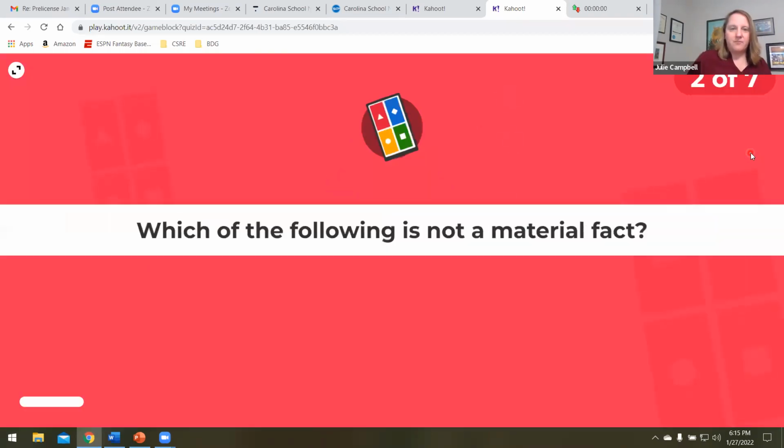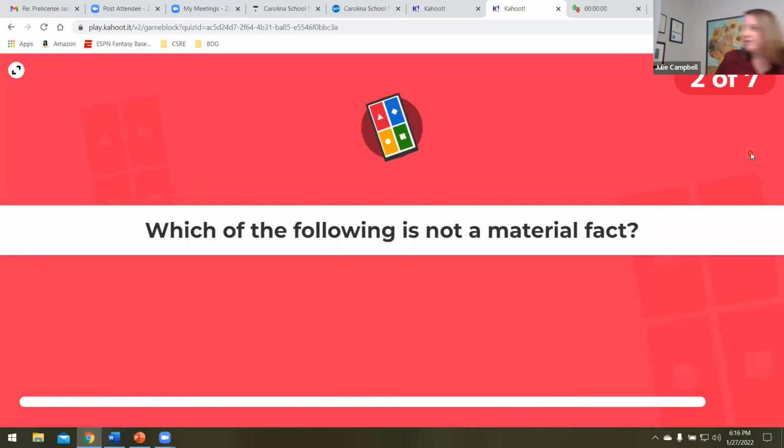Question number 2: which of the following is not a material fact?